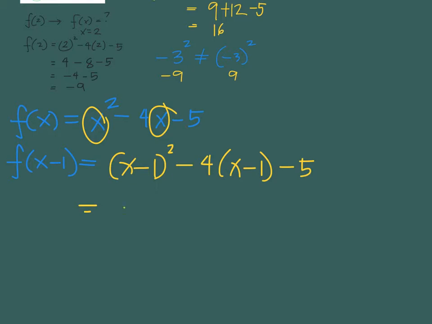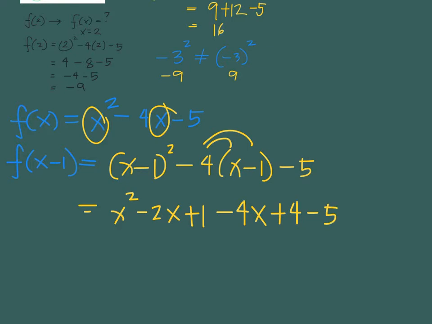x minus 1 squared is equal to x squared minus 2x plus 1. And then distribute properly minus 4x and then plus 4 minus 5.